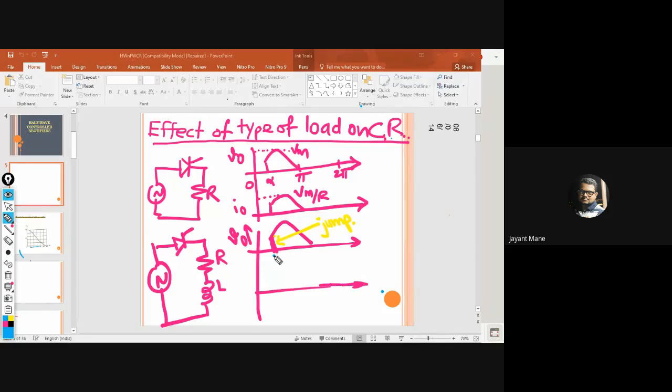So the conduction will start at this point, but the current will not be suddenly rising. So it is slowly rising current.